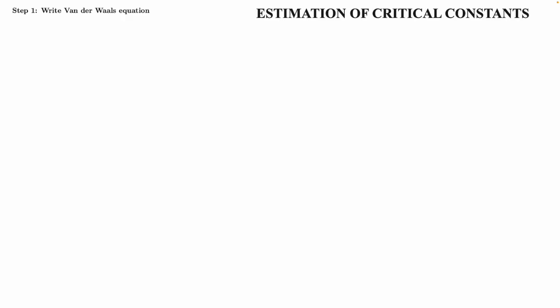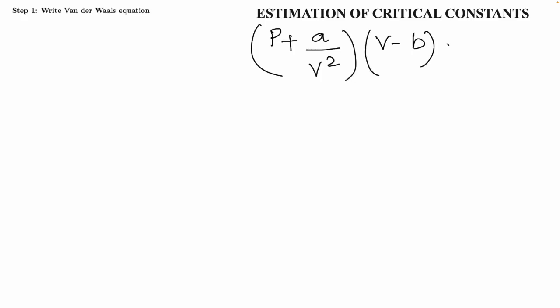If it is 1 mole, we have (P plus a by V square) into (V minus b) is equal to RT. So this is our van der Waals equation. Now I want to rearrange it a little bit.